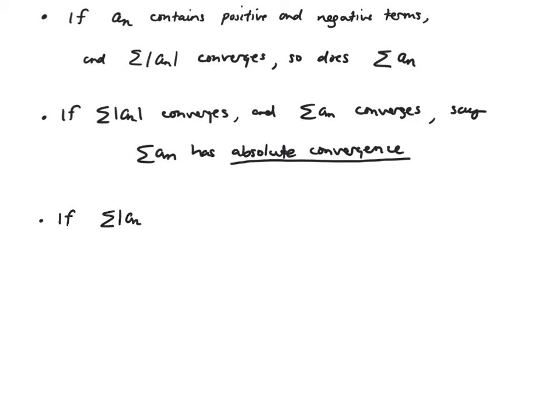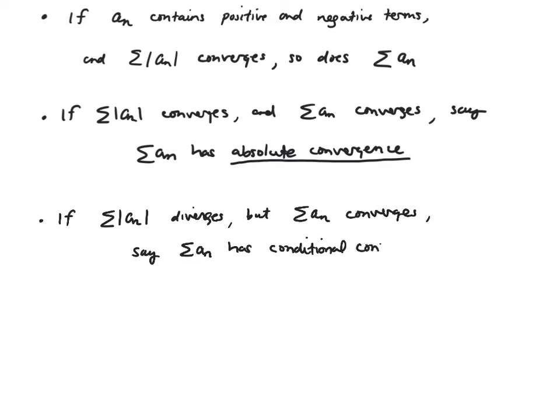The summation of the absolute value of a_n, if this one diverges, but the series itself, which has positive and negative terms potentially, converges, because of maybe you got some extra convergence property from that balancing effect. Okay, we say this a_n has conditional convergence. So those are two new terms: absolute convergence and conditional convergence.